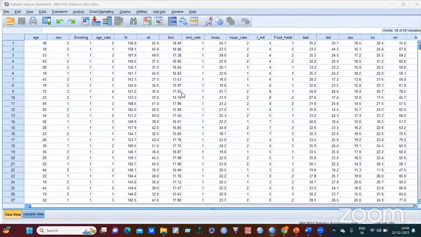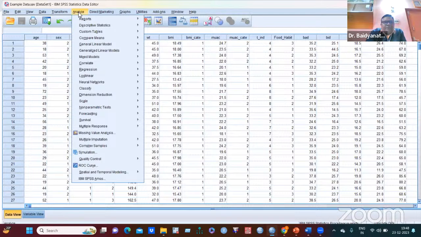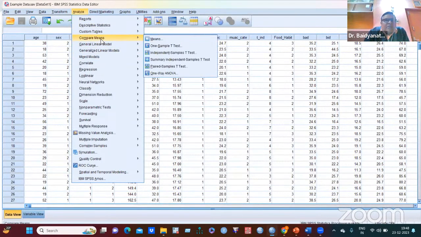Now we are going to analyze the t statistics. First go to Analyze, then Compare Means, and there are so many different types of t-test.